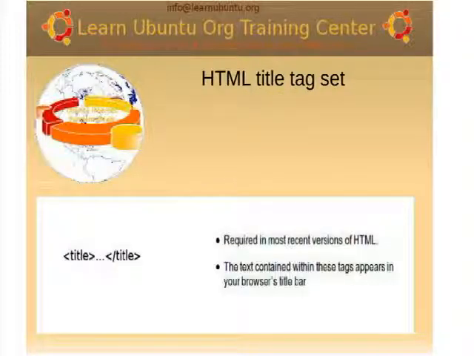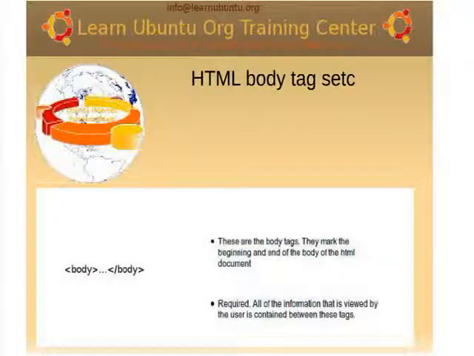We then have a title tag. The title tag is what displays in the title bar of your browser window. Whatever you put there will be displayed for people to see. Now, the body tag surrounds most of the body of the document, and again, these are opening and closing tags.